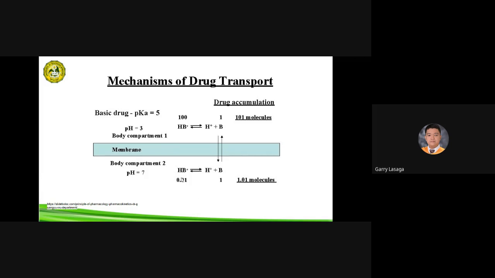So the same concept, when we are going to decrease further the pH to 2, what will happen to the ionized form? Ilan kaya ang value nito pag ito ay 2? Ang pH niya ay 2. Ilan kaya ang value ng ating ionized form? HB plus.